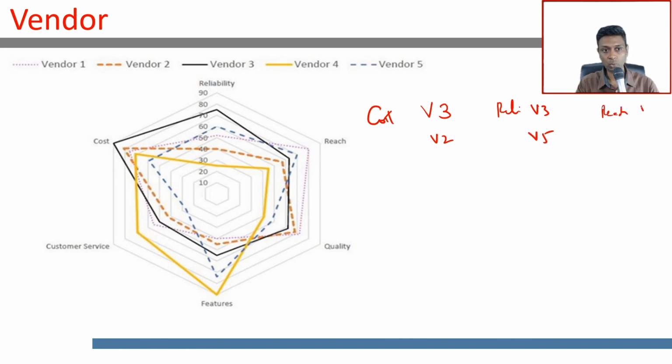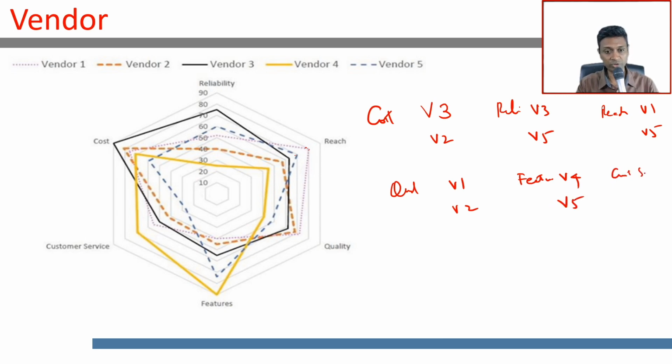Reach would be V1 and V5. I'm just doing the top 2, nothing more. Quality, V1, V2. Features, yellow is top, V4, and second is blue dot, V5.